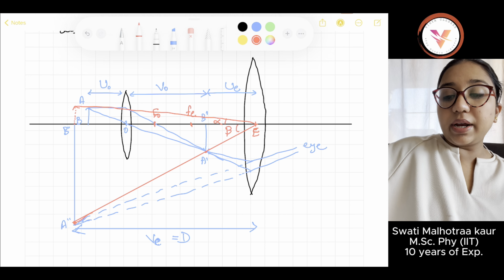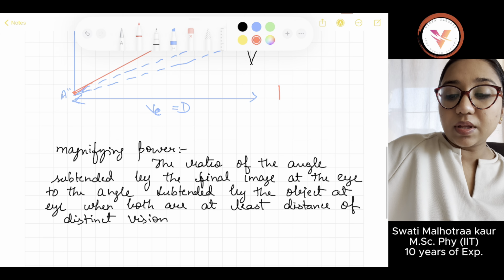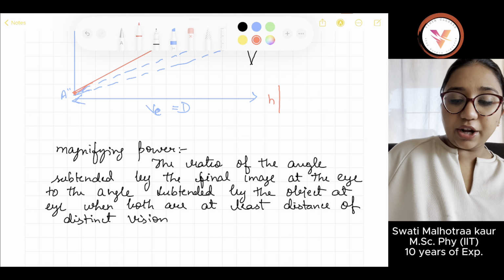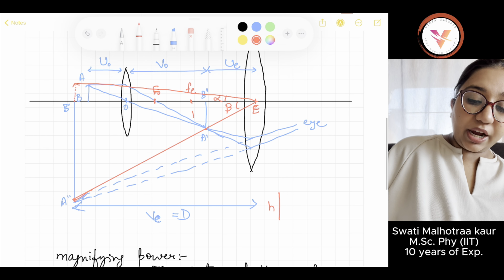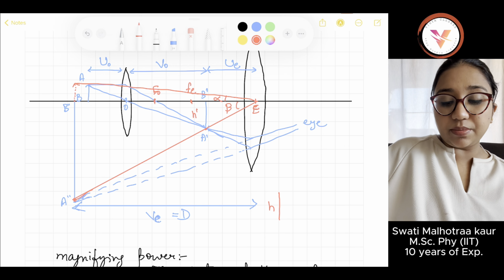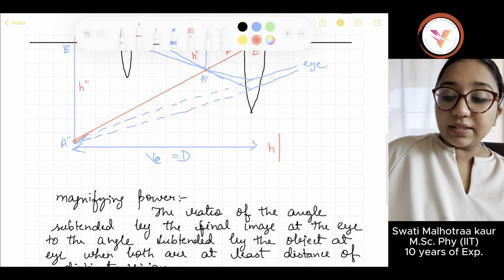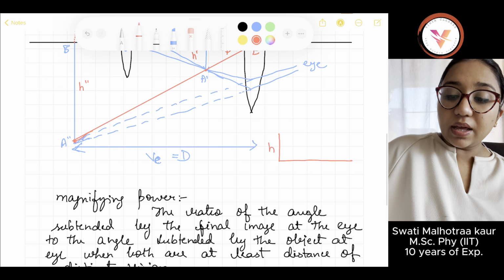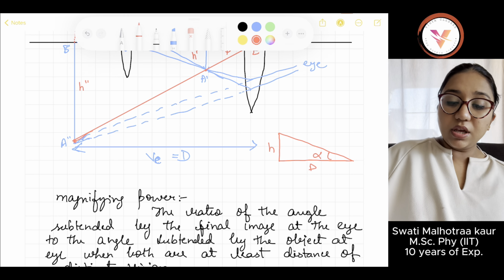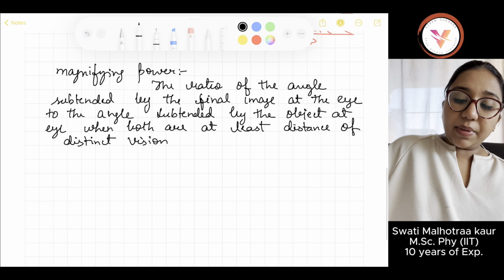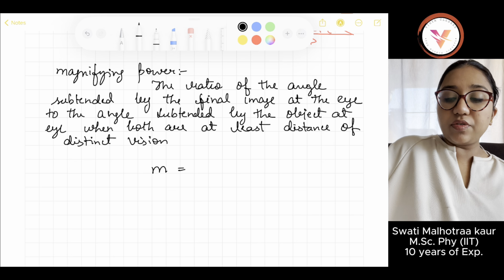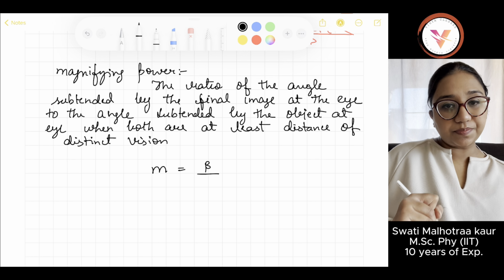You can redraw it like here, that let's take h be the height of object, h dash to be the height of image from objective, and h double dash to be the height of final image. And this is d distance, and this angle formed is basically my alpha. Okay, so what the magnification says is the ratio of the angle beta to angle alpha.